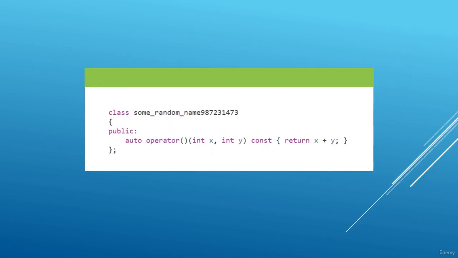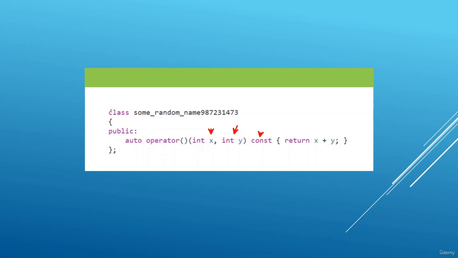The functor that is generated is going to do the same thing. It is going to take two parameters as you see here, and this is our function call operator that makes this class here a functor. And our member function here is going to be const because it's not going to modify the class in any way. And it is going to return the summation of these two things.